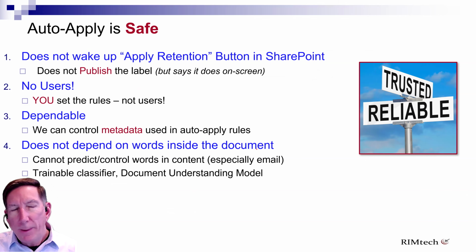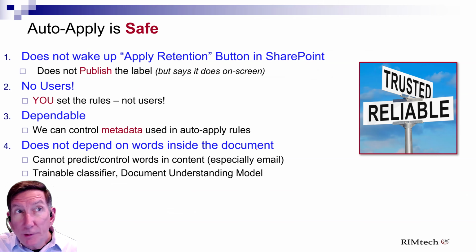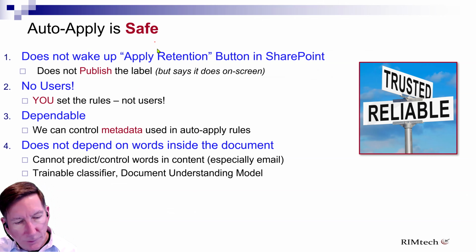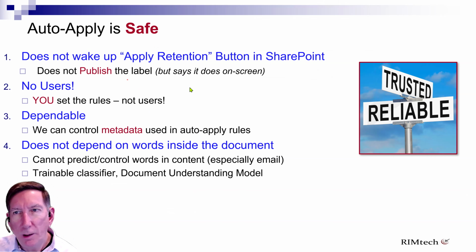Remember this. As tempting as AI might sound for classification, it depends on words and phrases in the document. That is not dependable. It's just not. We need minimum 85%. So don't go there. Let's do something that we have full control of, safe, dependable, reliable. Auto apply rules, the way to go.